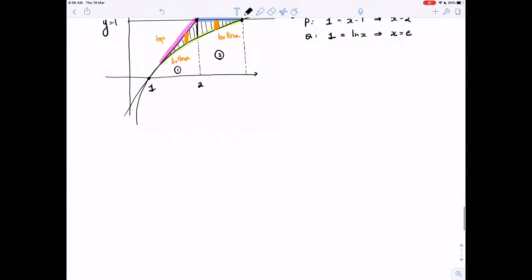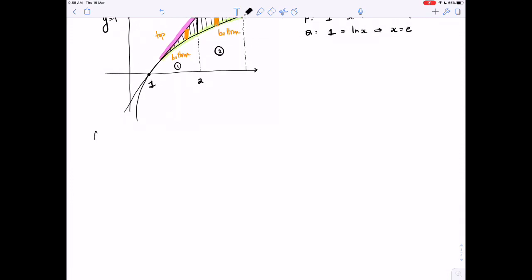So the area that we want can be found by summing the area of those two regions. And that means that we can set up two integrals and add them together. The integral for the first region is going to be from 1 to 2, of the bottom curve is the logarithm.